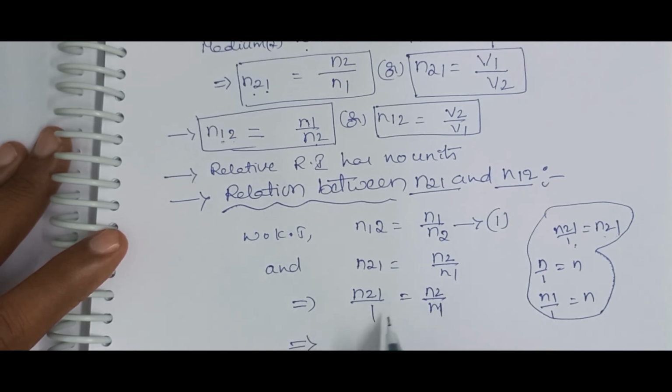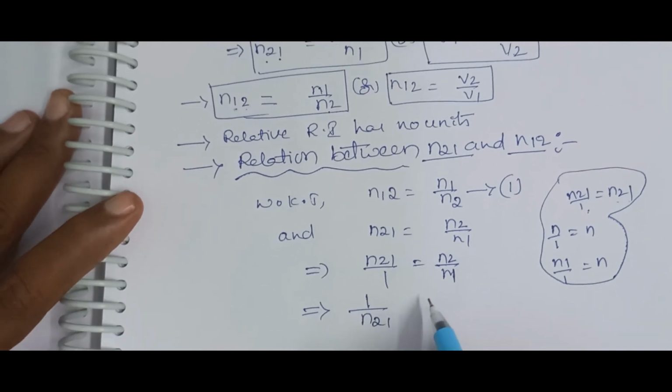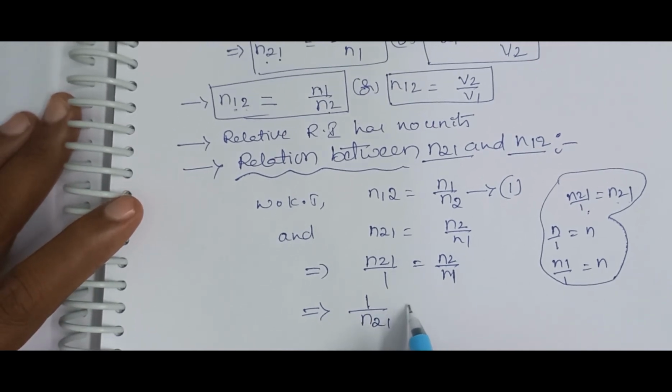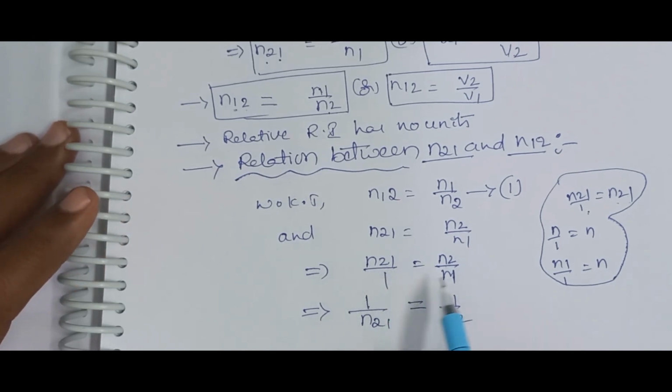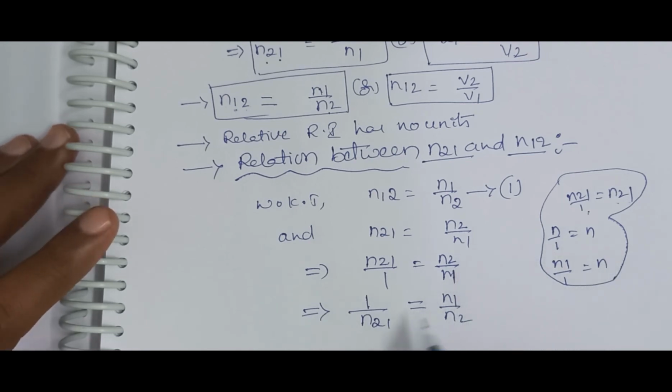Now we are taking reciprocals, meaning we reverse both sides, the denominator and numerator positions. We write n21 by 1 as 1 by n21, and it will be equal to n1 by n2, because the left side reciprocal is taken and the right side is also reversed.